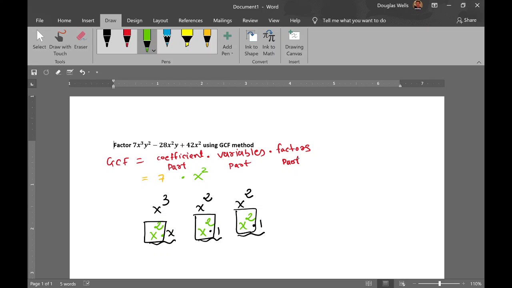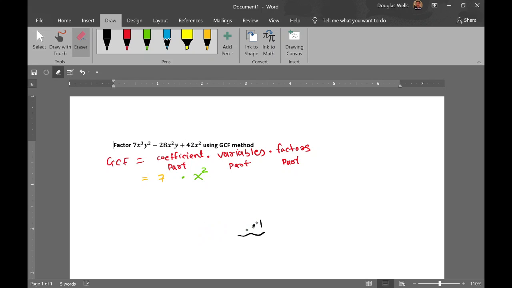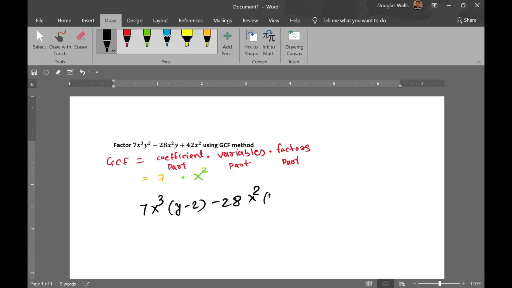Do I have any factors or factor part in my question? What I mean by that is, do I have in my question something like this? Something like this.